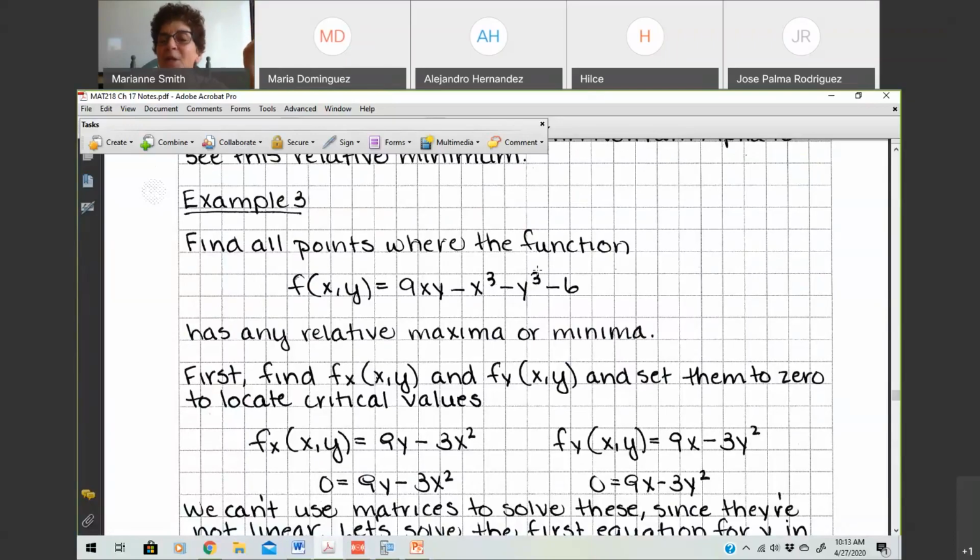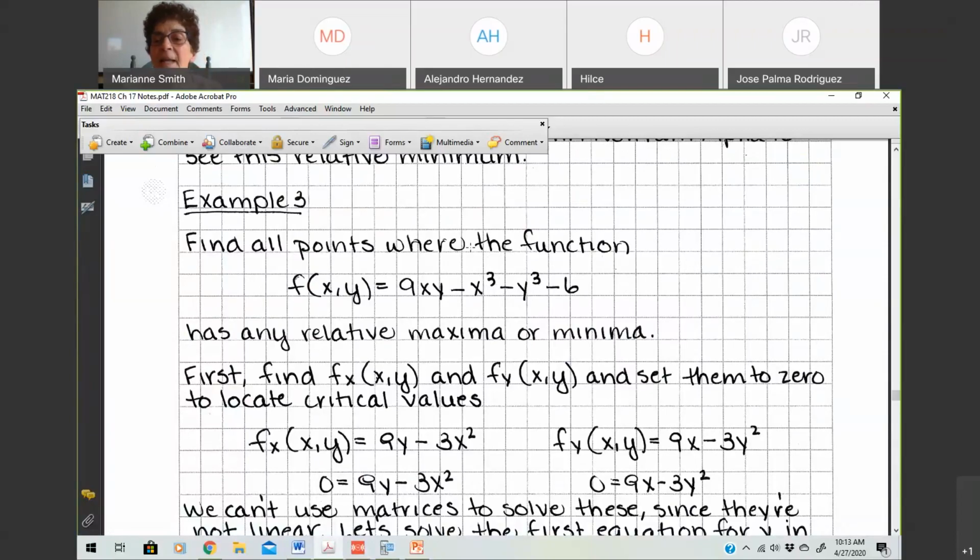Example 3 is going to give you quadratic first derivatives and linear second derivatives. I can do a problem that's very similar to this, but it's also an applied problem.